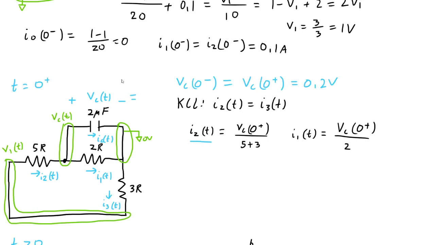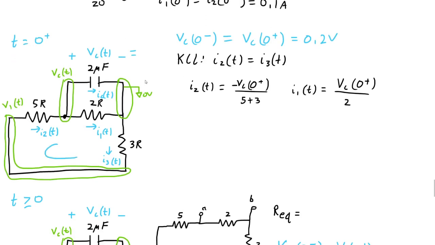It has no reactance. So we're going to go ahead and say that, I should actually write, this is a minus sign right here. Since I2 and I3 are the same current, I combined the resistances because they're in series. And if we have 0 minus VC(0+), then that's going to be minus VC(0+).